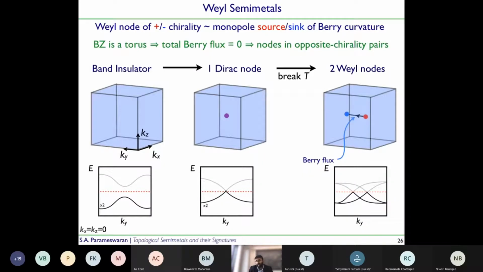And what you can show by a careful calculation is that that's like a monopole of Berry curvature. So remember, the Berry curvature integrated across any closed 2D surface has a quantized value. If I integrate around this closed 2D surface, it has a quantized value of 1.